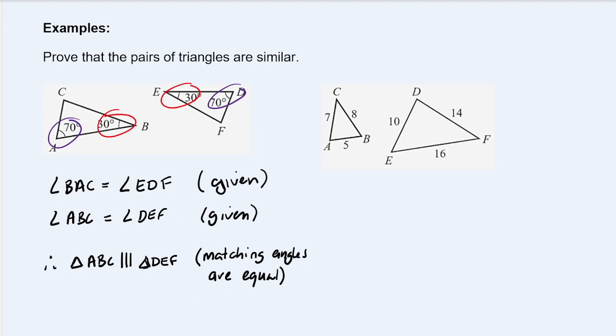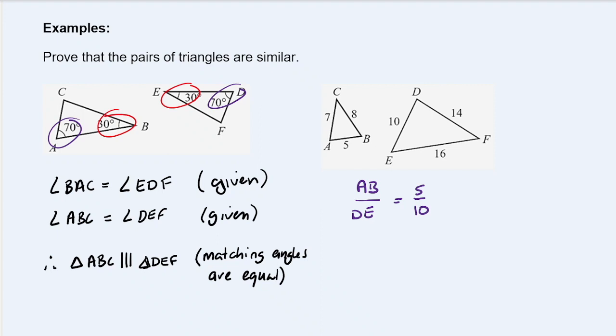Alright, so got my trusty purple pen. Let's look at side AB, and let's find its matching side, which would be side DE. It's equal to 5/10.